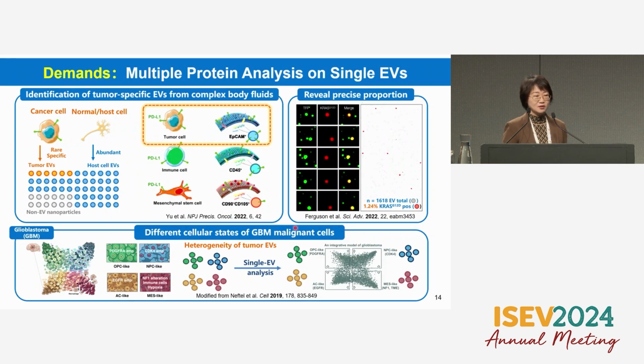In most cases, we would like to do double protein analysis because it can not only distinguish, let's say, tumor EVs from EVs originated from other normal cells or non-vascular contaminants, but also reveal the heterogeneity, let's say, of EVs from cells of different status.